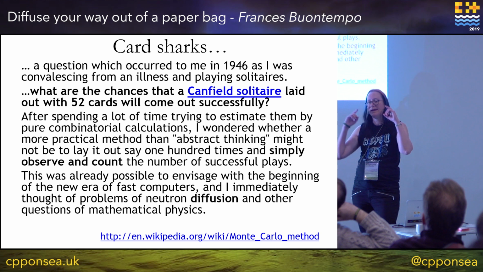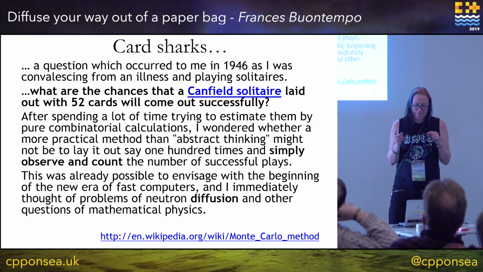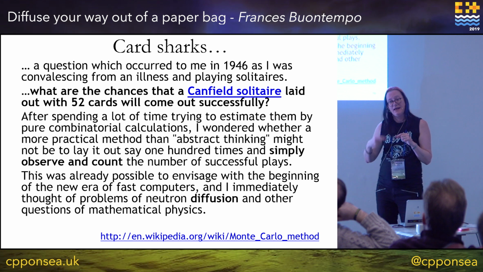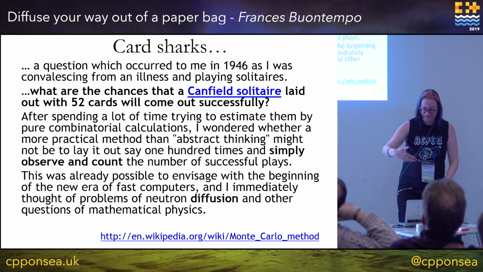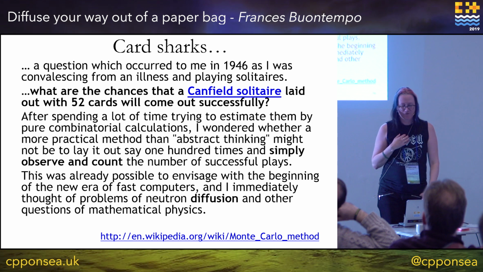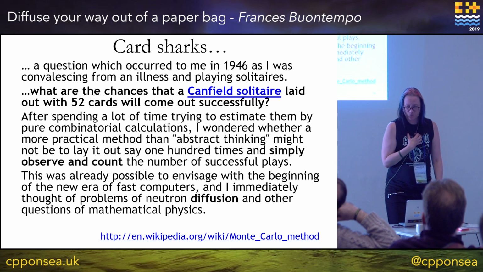And then he thought, hang on, I can't manage to do all the maths. It's too much effort. What happens if I simply observe and count how many times I win? If you win every other time, that's about a 50% chance of winning. So use some probability for this. And he immediately thought of other problems of neutron diffusion that he could solve using this.